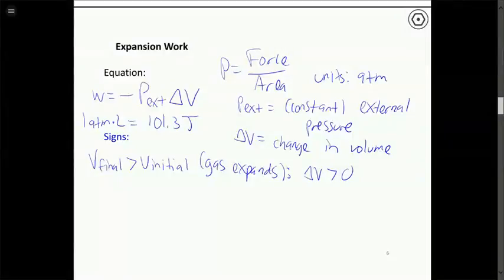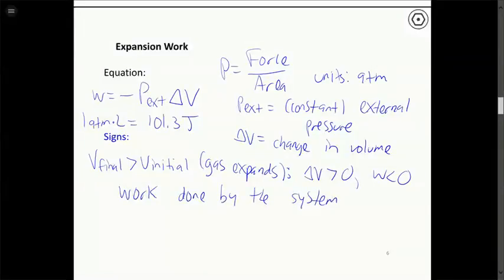The volume is getting bigger, which means that the work, since we have a negative sign in this equation, is going to be less than 0. We have a negative work term. Remember that negative work means the work is done by the system. So when a gas expands against a constant pressure, when it increases its volume, that means the gas is doing work, the system is doing work.